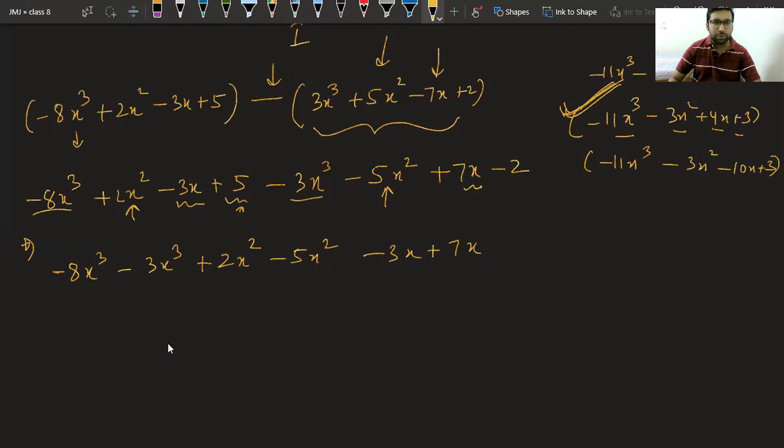Fourth like terms are plus 5 and minus 2. I hope most of you must have got the answer now, where you have made the mistake.